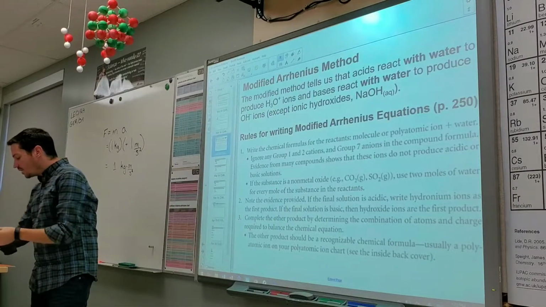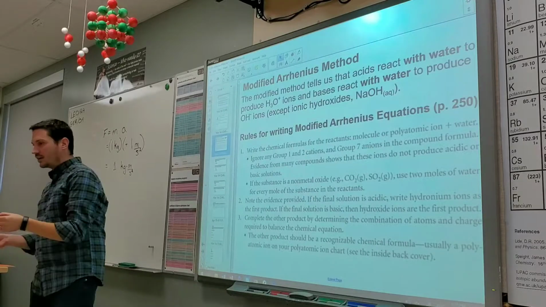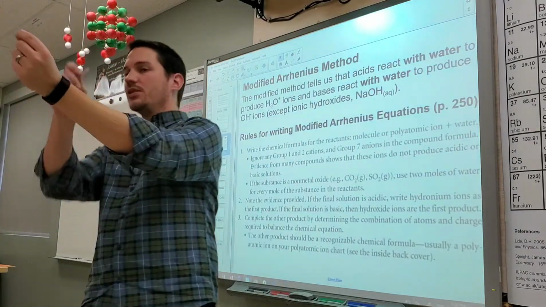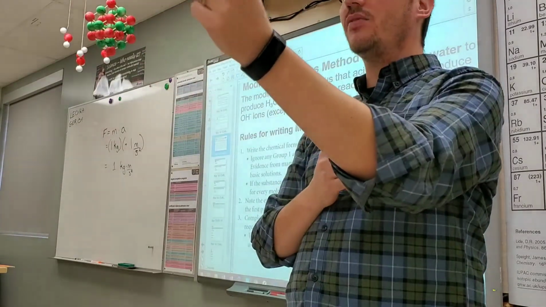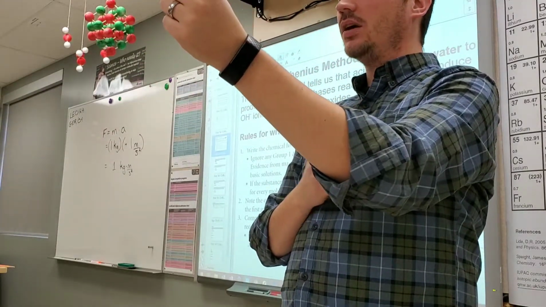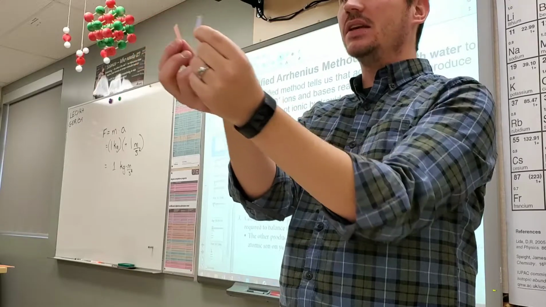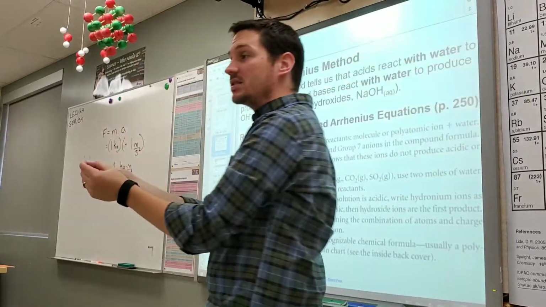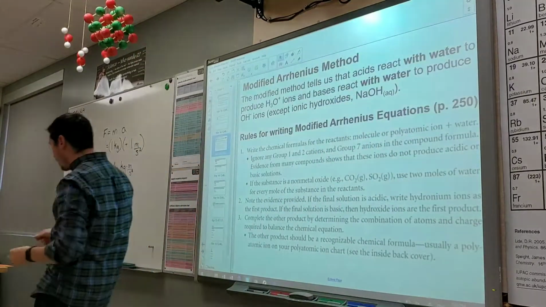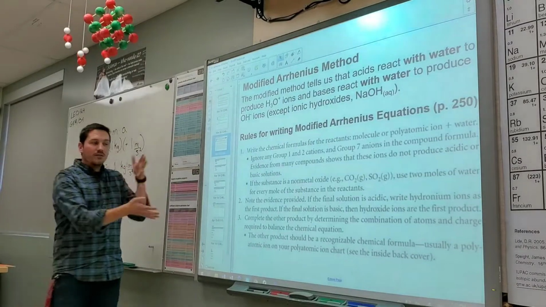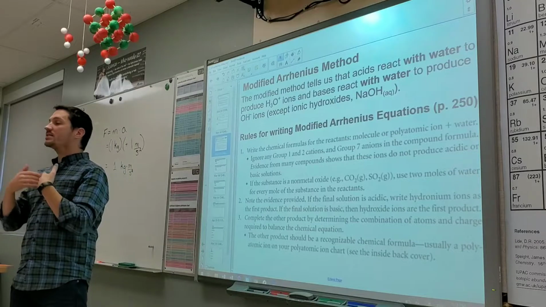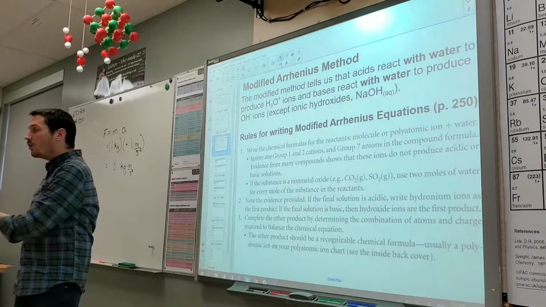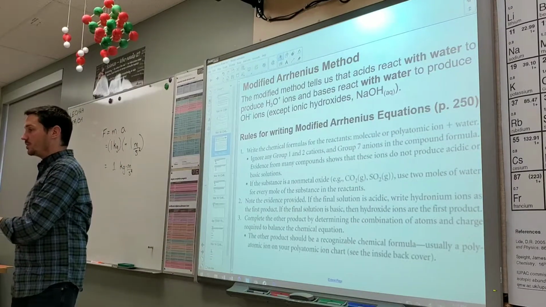Again, when I look at my solution from earlier, this is the red litmus that I dipped into that solution. Has it started very clearly turning blue? Yes, so that is obviously a basic solution, that calcium oxide or the magnesium oxide. So we're going to follow a list of steps, and these steps will help us explain what we're actually seeing with the pH paper.